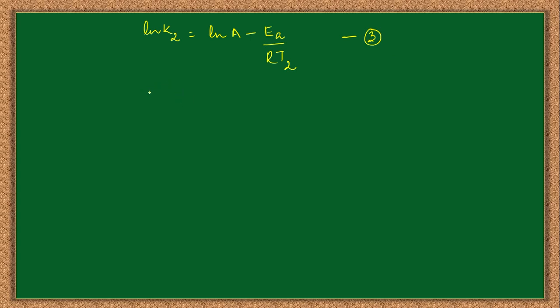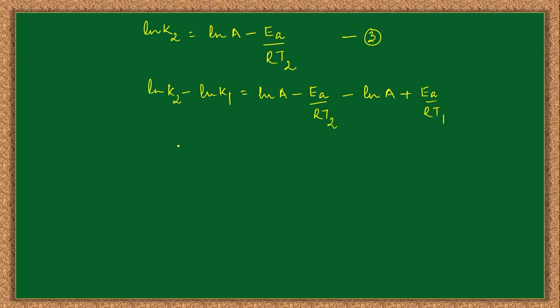So doing that we get ln K2 minus ln K1 is equal to ln A minus EA by RT2 minus ln A, and because it was minus EA by RT1 it will become plus EA by RT1.